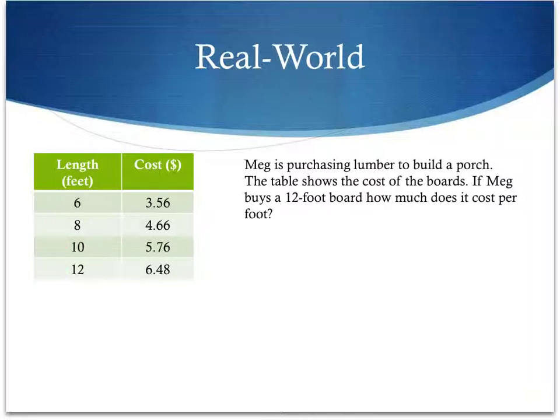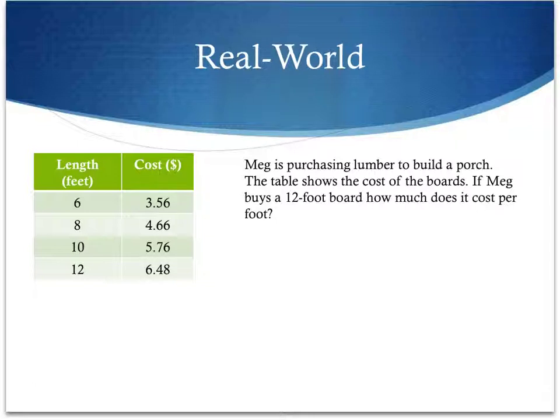So how many feet of board am I going to buy? And then here's the cost for that particular amount of feet for each one. So for 6 feet, I would have to pay $3.56. For 8 feet, I would have to pay $4.66. If Meg buys 12 feet of board, how much would it cost her per foot?